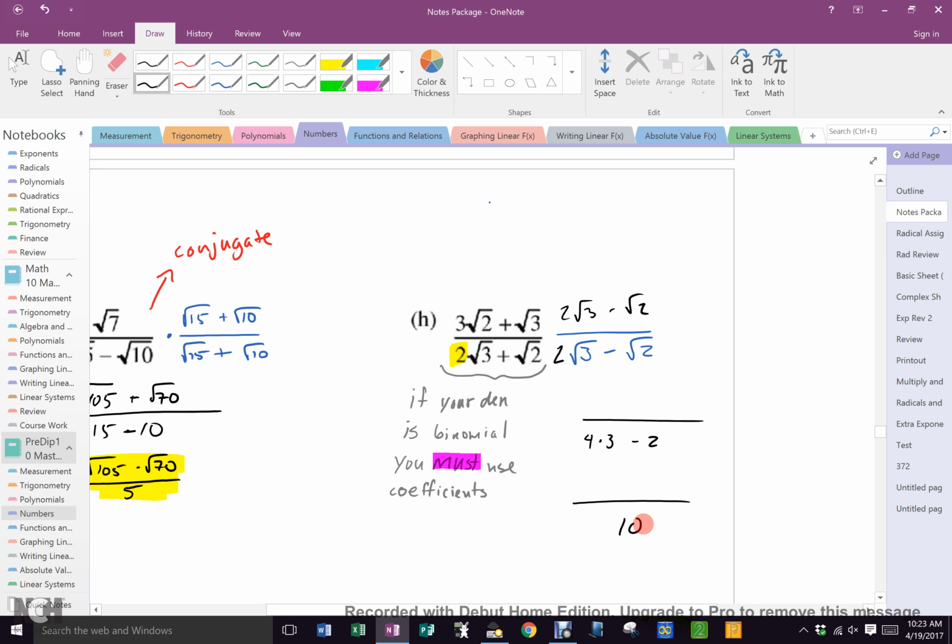Everybody's okay? Now, up on top here, I got to FOIL this, yes? First one, what's 3 times 2? 6, and 2 times 3? 6 root 6, right? What's the second one? Minus 3 root 4, correct? Now, why did I write root 4? We know that root 2 times root 2 is 2, yes?